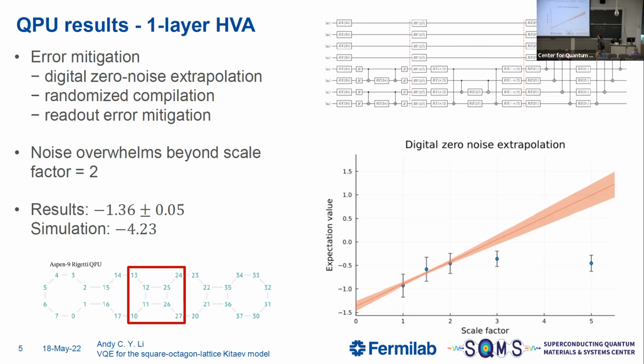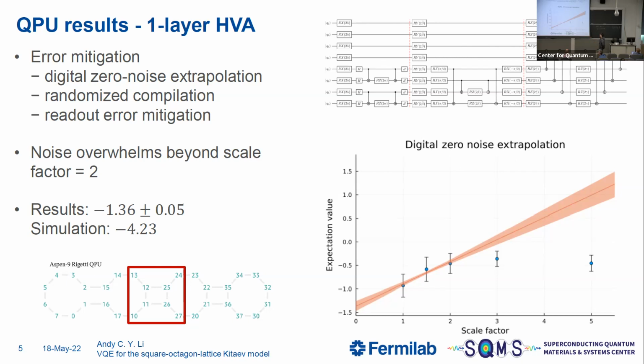SV9. We implement multiple error mitigation techniques. We do a lot of zero-noise extrapolation. We do randomized compiling, and then we do a standard readout mitigation. What you can tell from this graph is that it shows different scale factors corresponding to the zero-noise extrapolation. So we extrapolate back to the form which corresponds to the zero-noise limit.